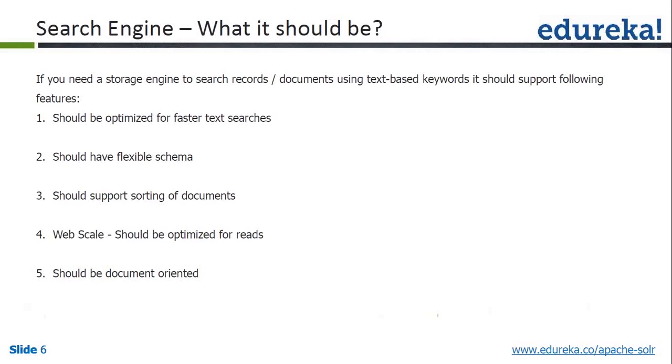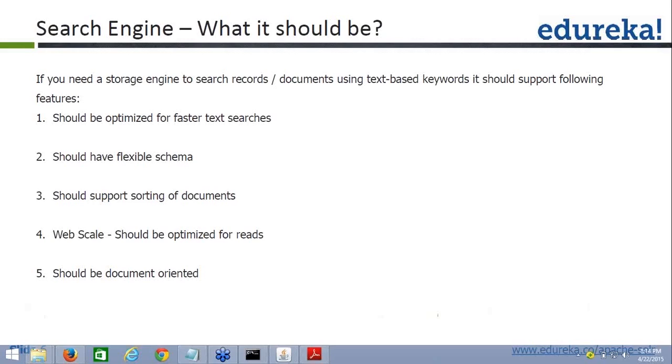First of all, it should give you optimized results for faster text searches. Along with that, it should also handle the case in which a few products may not have the same fields as other products, right?